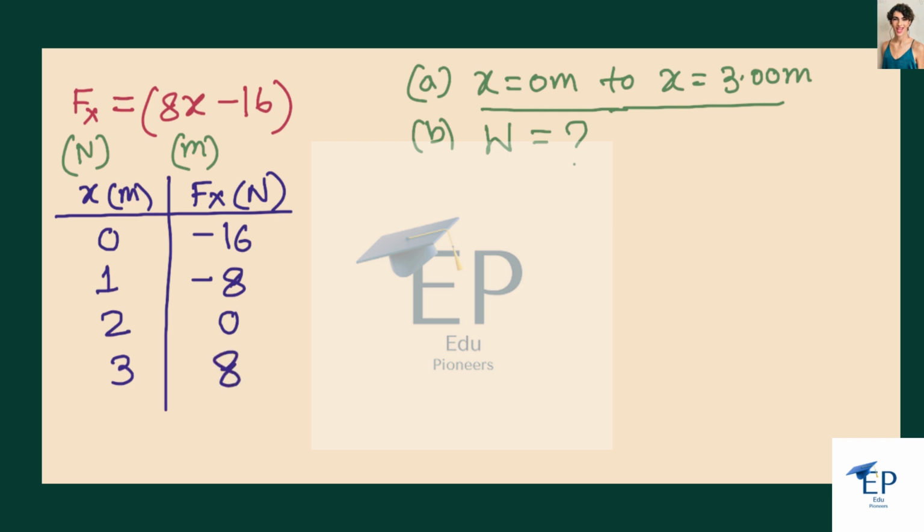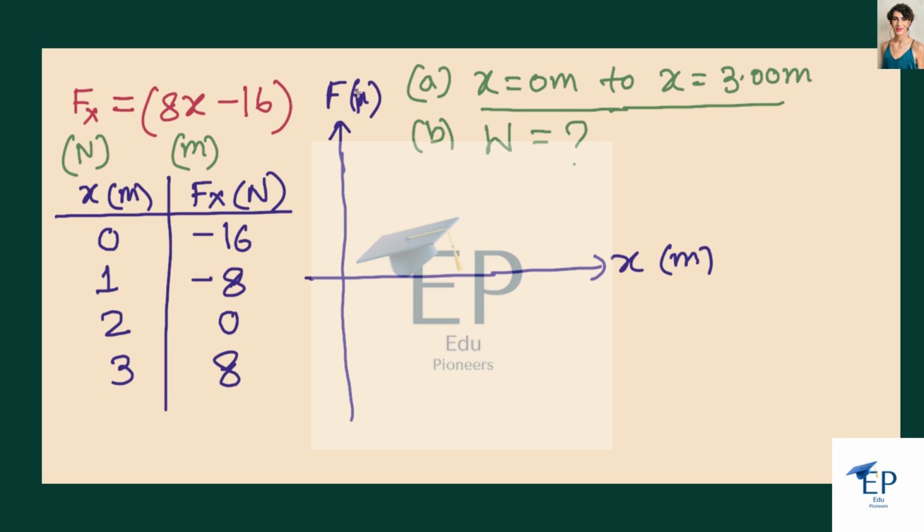Then the graph will be something like this. Here this is Fx in Newton, and this is x in meter. At 0, it is minus 16 Newton.